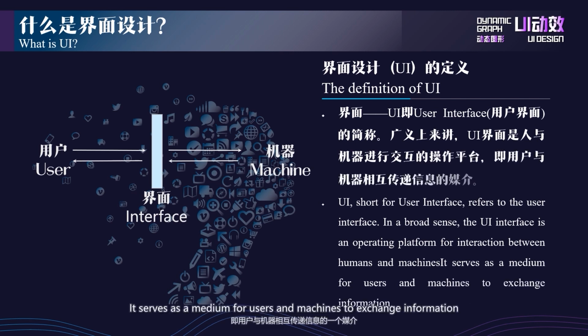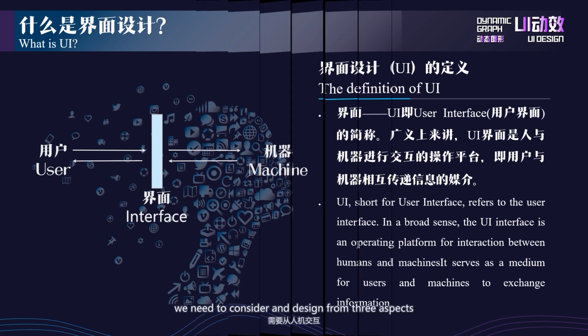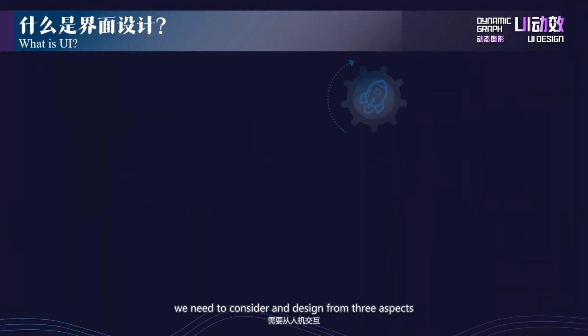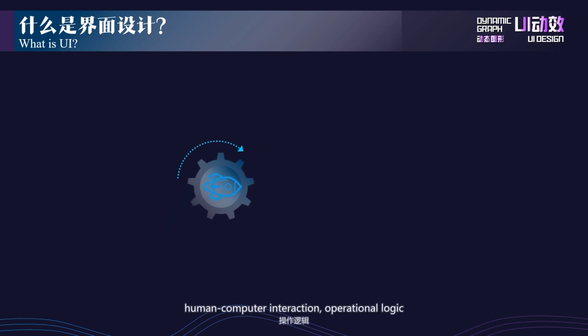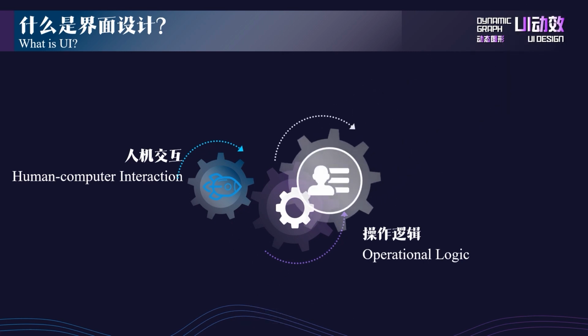It serves as a medium for users and machines to exchange information. You can refer to the following diagram to understand it better. Consider and design from three aspects: human-computer interaction, operational logic, and visual aesthetics.